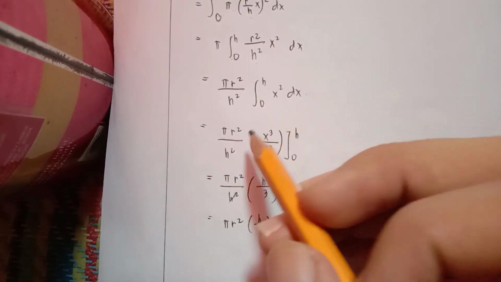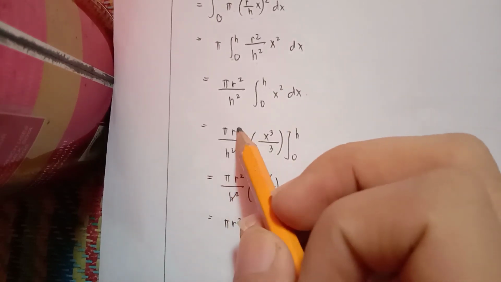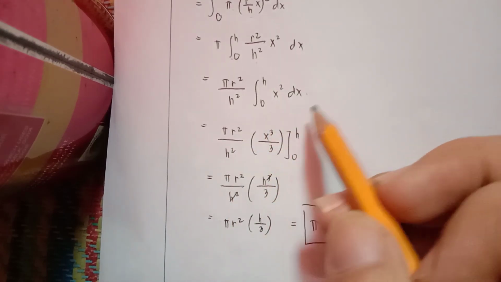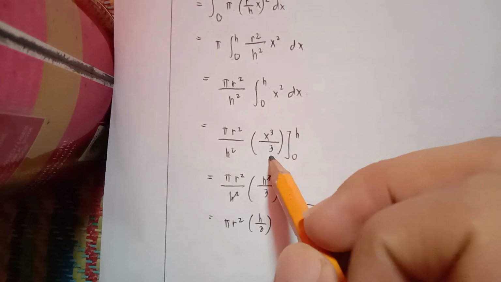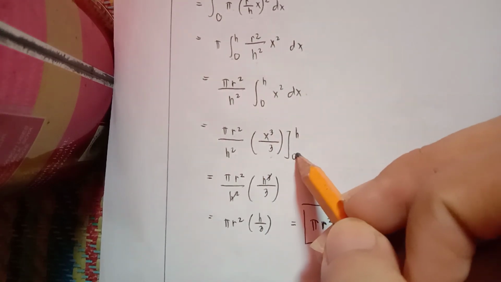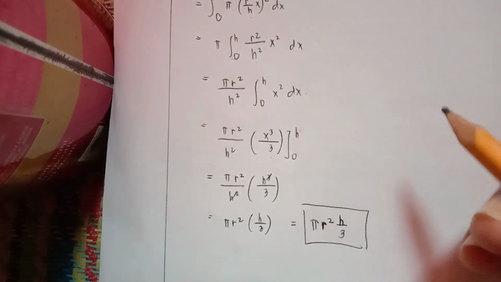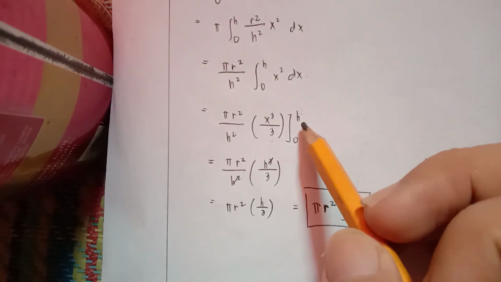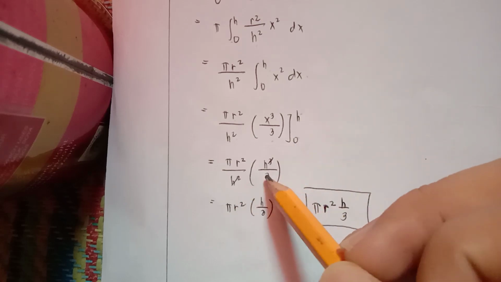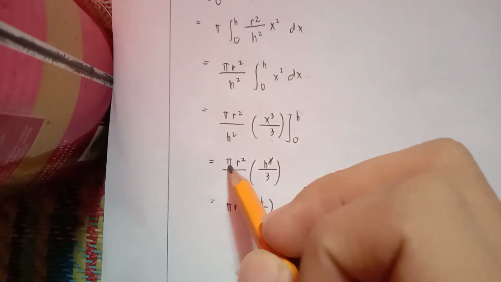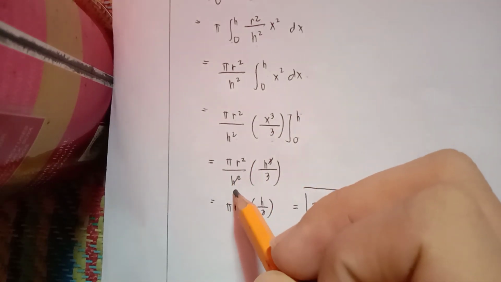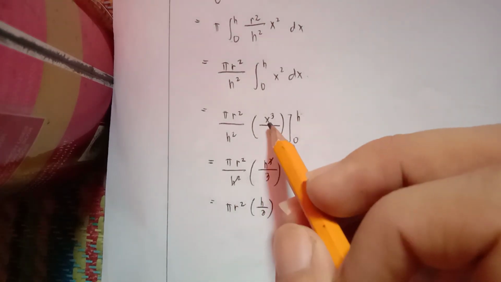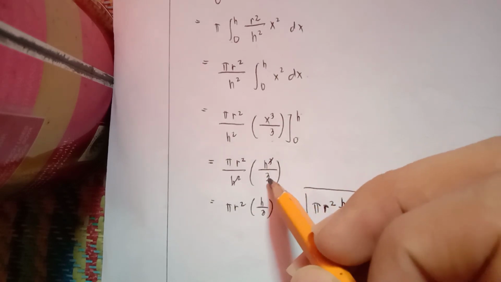So pi r squared over h squared, then the integral of x squared dx is x cubed over 3, from 0 to h. Then we just substitute h for x, so pi r squared over h squared times h cubed over 3.